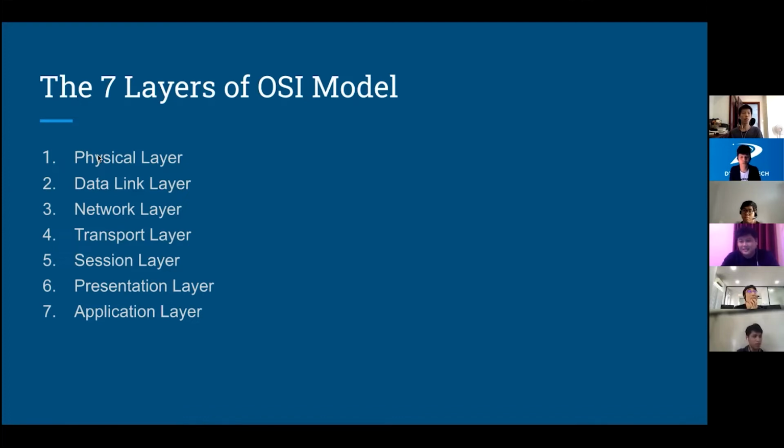All those 7 layers combined are the OSI model.